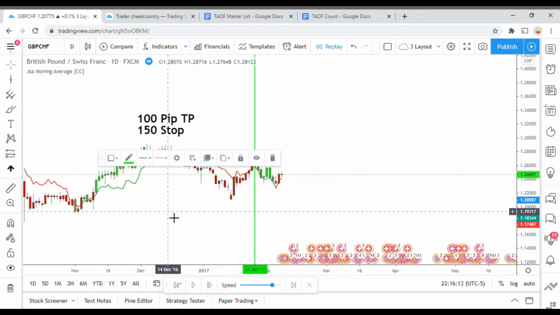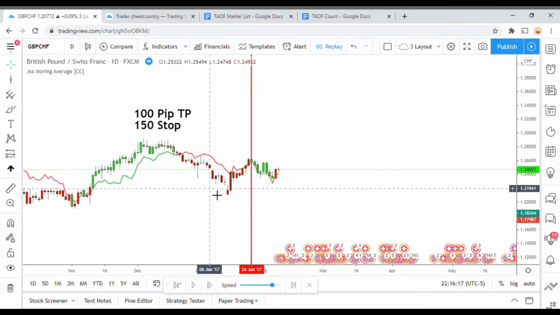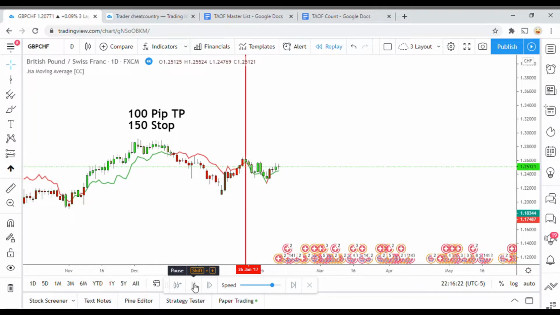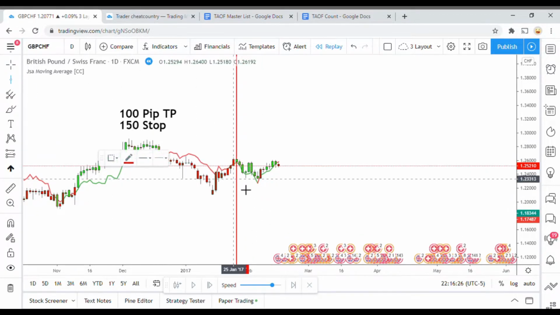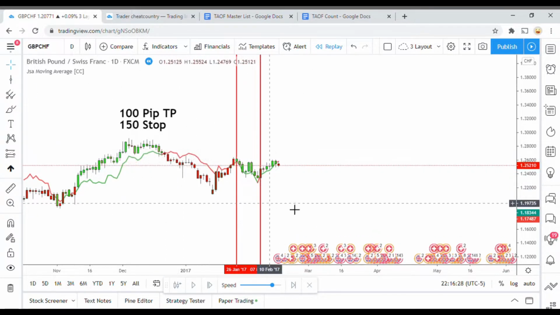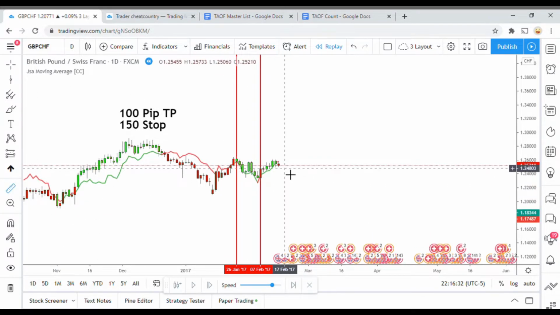Unfortunately, that one did not work out for us very well. That would have stopped us out. And we pick up a short right there. That one also did not work out too well for us.